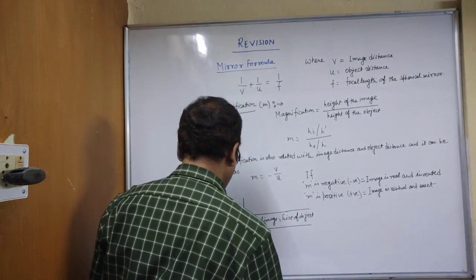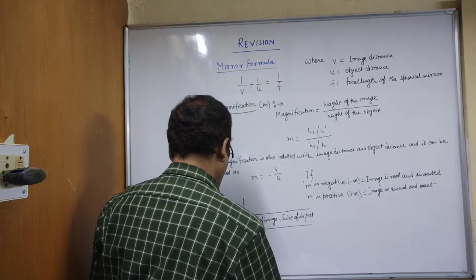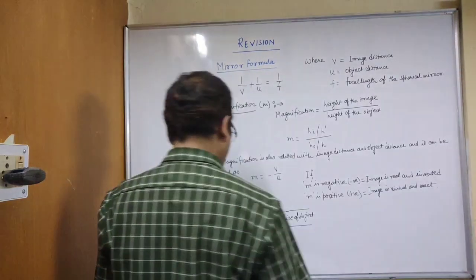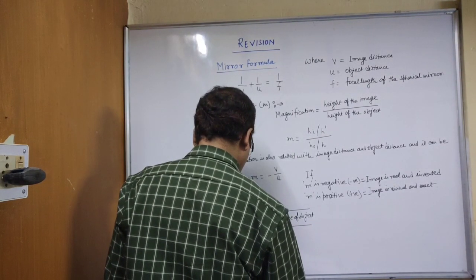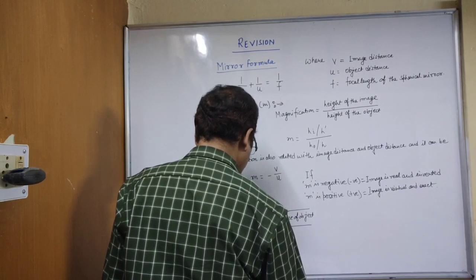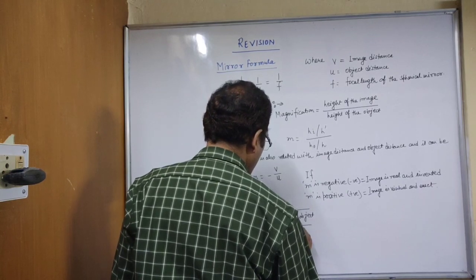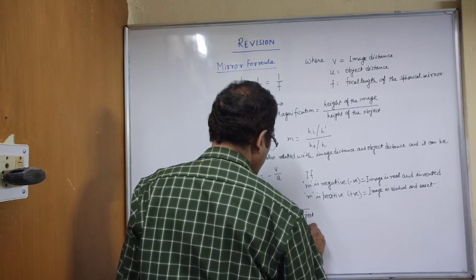If magnification is less than 1, it means the size of the image is less than the size of the object.